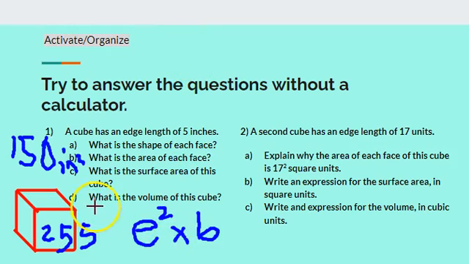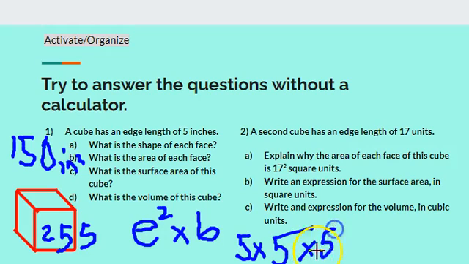Okay, what about its volume? How do we find volume? Yeah, volume we find by taking length times width times height. Well, all of those are 5, right? So it'd be the same as 5 times 5 times 5. We can also think of that as what?